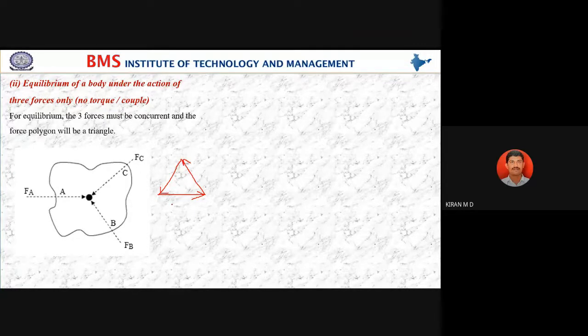Have you got the idea? So the force A starts from here, this is FA, this is FB, this is FC. You can see these directions. According to the direction only, I wrote the triangle. See, FB starts from A, and we know the magnitude.